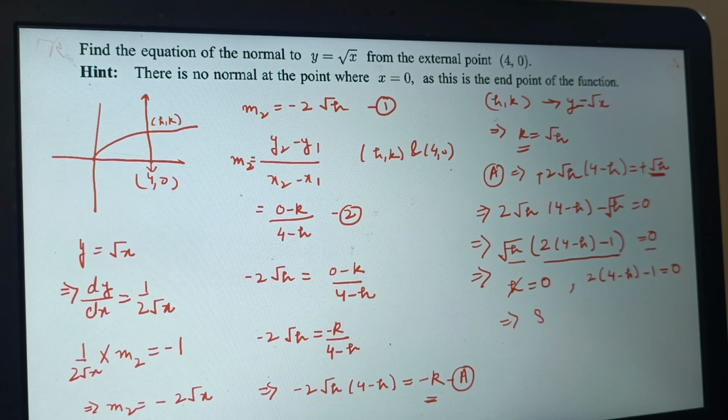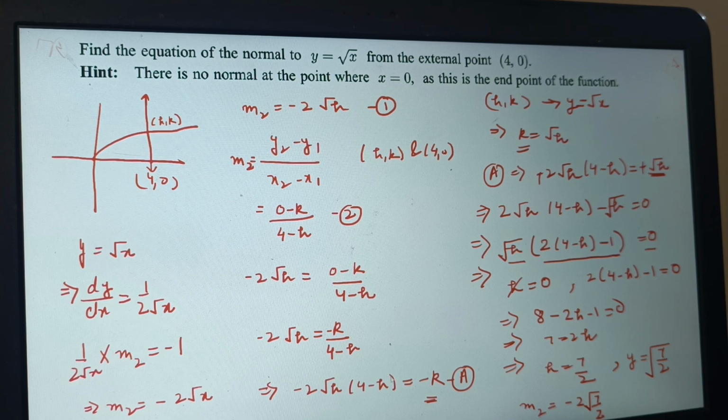That gives me 8 minus 2h minus 1 equals 0, and further solving, 7 equals 2h, that is h equals 7 by 2. If h is 7 by 2, my k becomes square root of 7 by 2 and my slope will become minus 2 square root of 7 by 2.